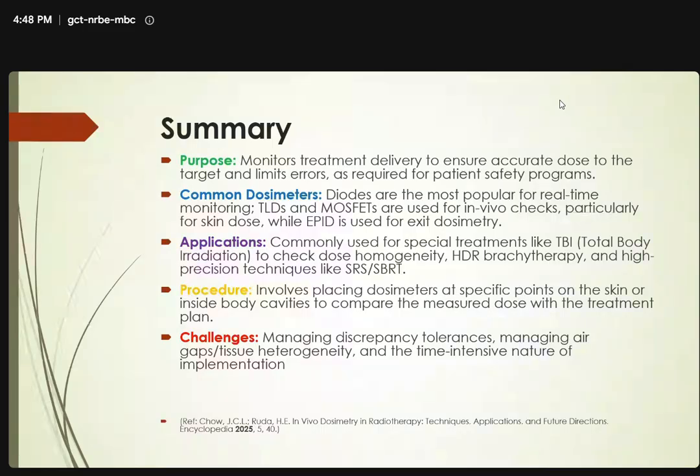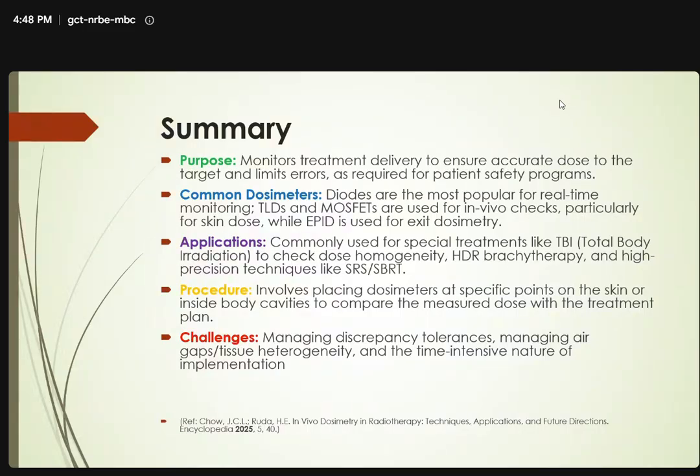The procedure involves placing dosimeter at a specific point on the skin or inside the body cavities to compare the measured dose with the treatment plan. But there are challenges like managing discrepancy tolerances, managing air gaps, tissue heterogeneity, and the time intensive nature of their implementation.